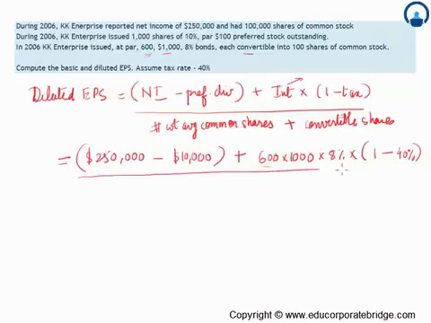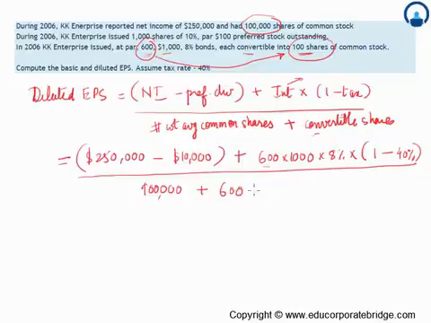And this is divided by the total weighted average common shares. We had earlier seen that the weighted average common shares is 100,000. In addition to this, what will be the total amount of convertible shares? Each bond will get converted into 100 shares, so the total conversion would be 600 bonds multiplied by 100, which comes out to be 60,000.